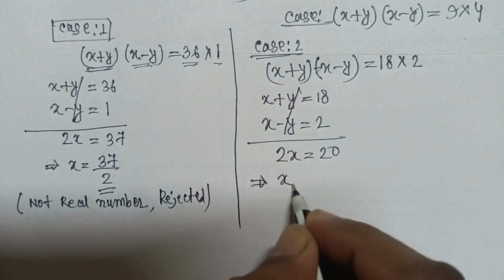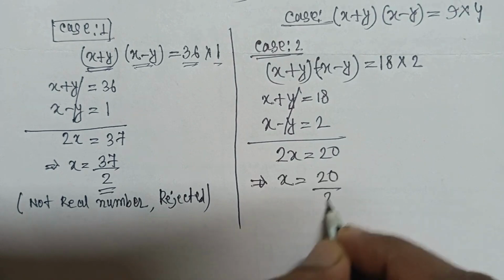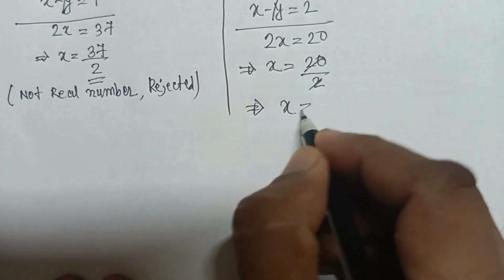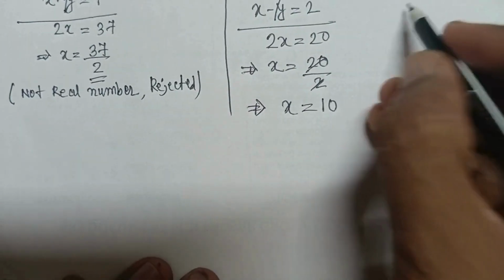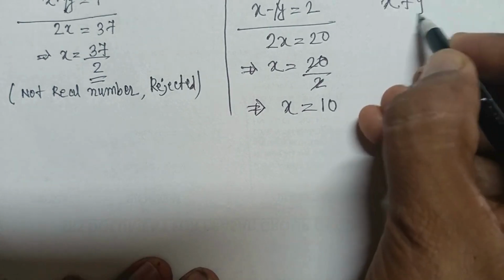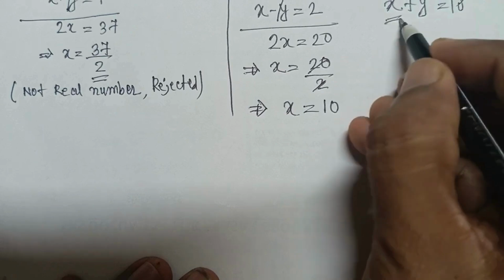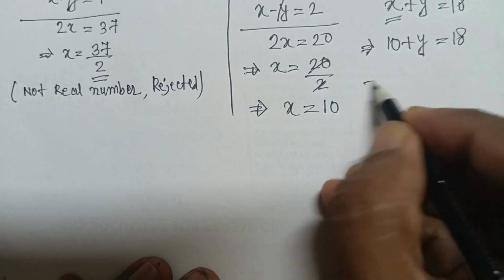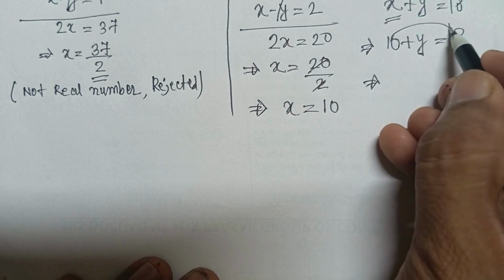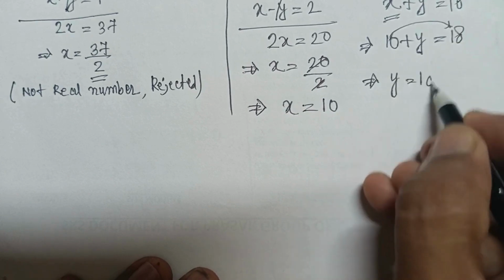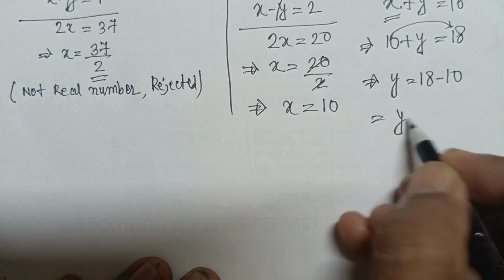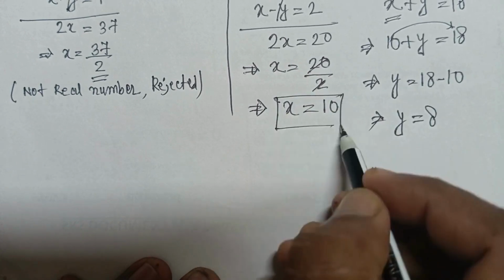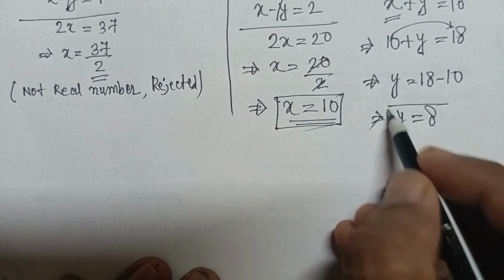So therefore x is equal to 20 by 2, and if we cancel out, then x is equal to 10. Now we got x plus y is equal to 18. If we put the value of x here, 10 plus y is equal to 18. If we move this to the right hand side, then it should be 18 minus 10. So y should be 8. So we get those two values of x and y: x is equal to 10 and y is equal to 8.